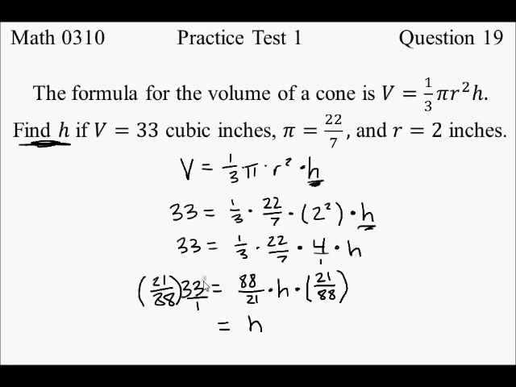These are both divisible by 11, so 33 over 88 is the same as 3 over 8. That's one way to do it. And so 21 times 3 gives 63 on top, and 8 times 1 on the bottom gives 8. So h is equal to 63 over 8, and that's in inches. The answer for this one is B.